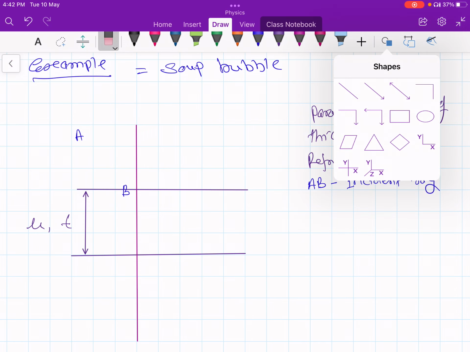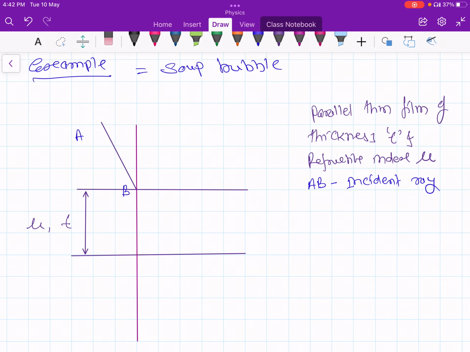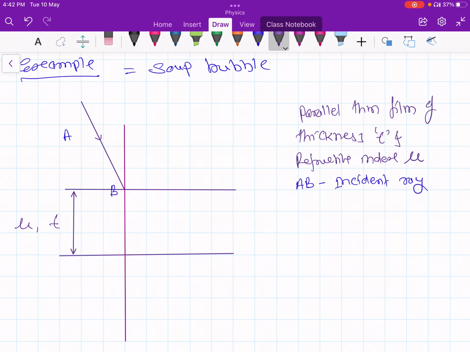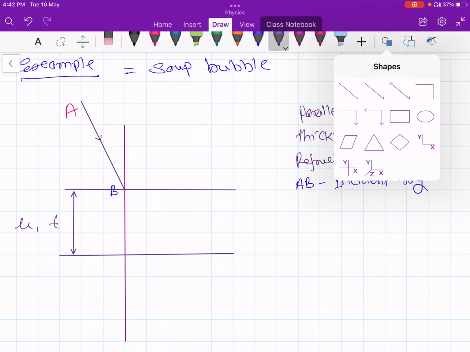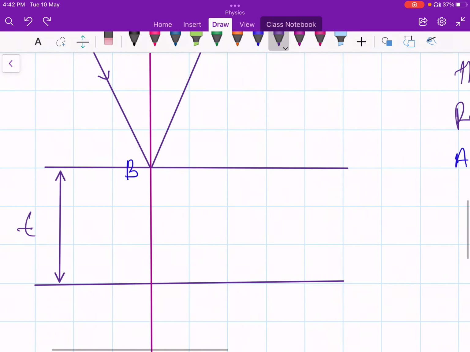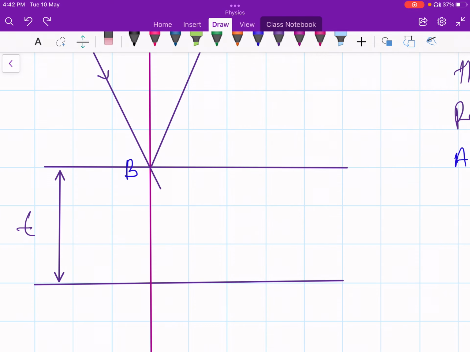At point B, it is partially reflected along the direction BR and partially transmitted along BC.